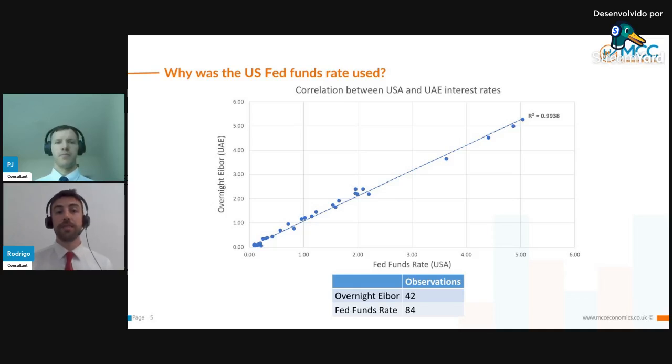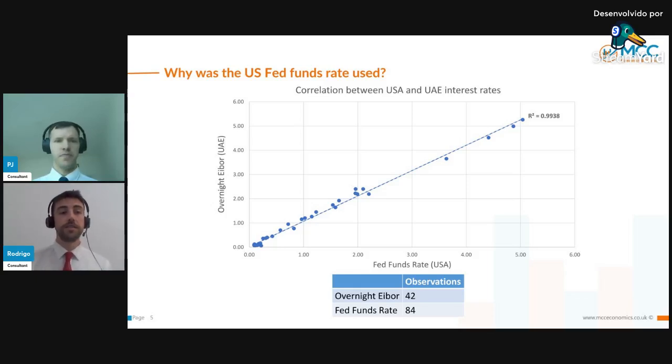Now, we didn't have that many observations for the overnight EIBOR, which is the overnight interest rate of the UAE, due to the fact that they started collecting it much later than, let's say, the US. The US has a much longer series that we would be able to use.